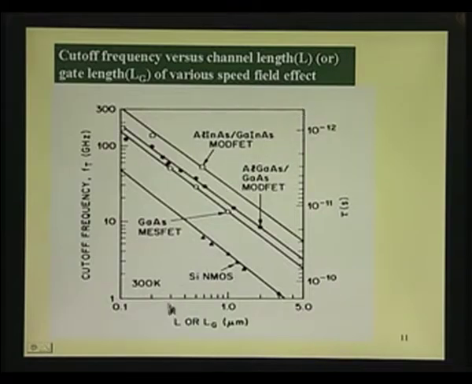So, you can see here, if I go from 0.1 micron, 1 micron, 5 micron, nobody talks of these days, except maybe in some academic institutions where they want to try out some things. Even in our laboratory we have 1 micron technology. For 1 micron you can get about 2 to 3 gigahertz, and when you go down to 0.1 micron, which Intel is boasting of, 10, 20, 30 gigahertz is the cutoff frequency.